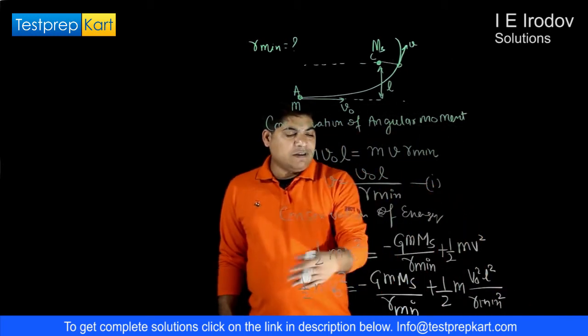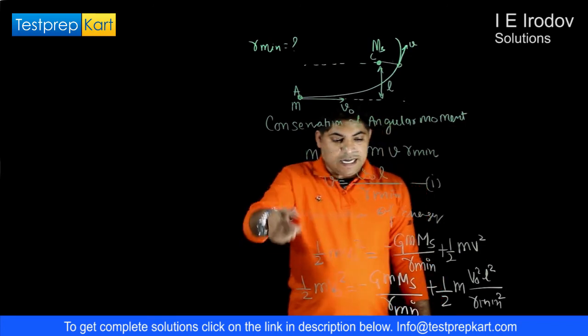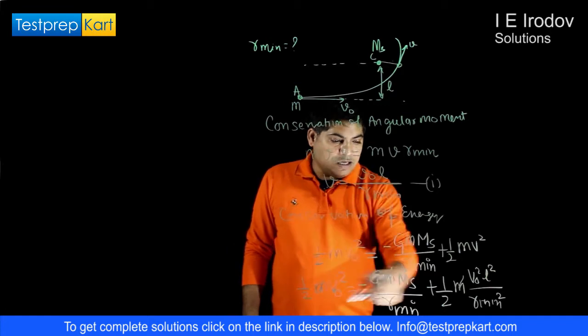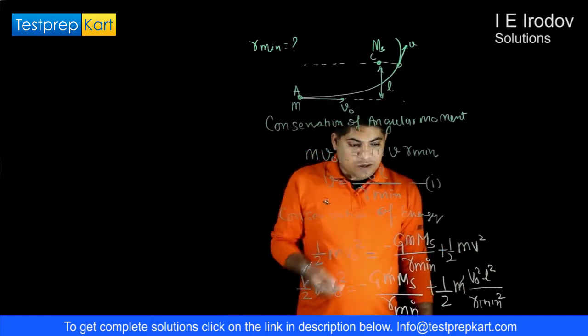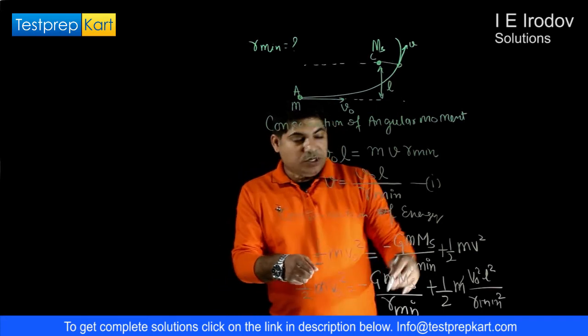Okay. So we can further simplify this equation and frame a quadratic equation. m will get cancelled out from this entire expression because it is common everywhere. Okay. And we can multiply by 2 and r minimum square in this equation.